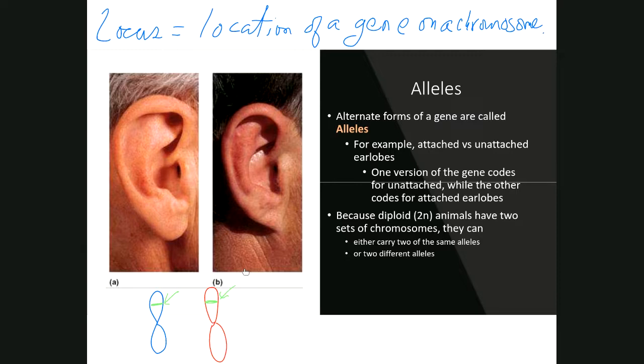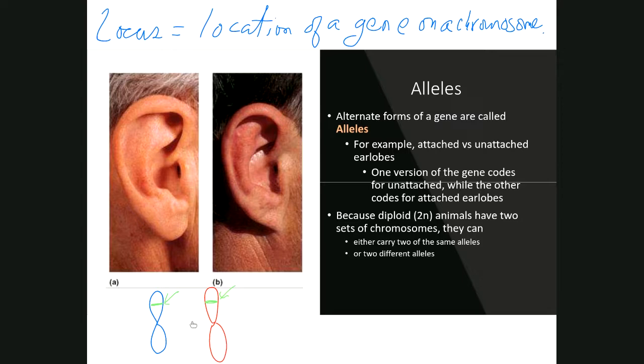in humans. Right. So having two sets of chromosomes with the same types of genes, remember that we call that being diploid, right? 2N diploid, right? Because diploid animals have two sets of chromosomes, the two alleles you carry can be the same or they can be different, right?